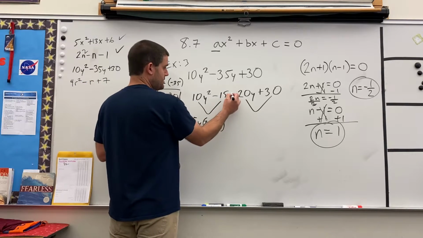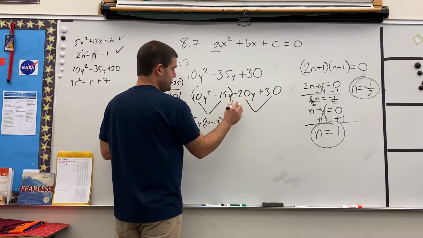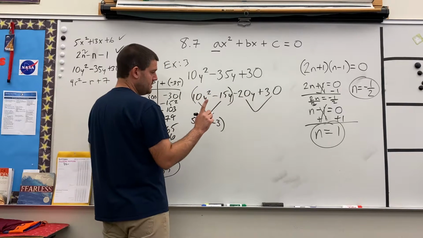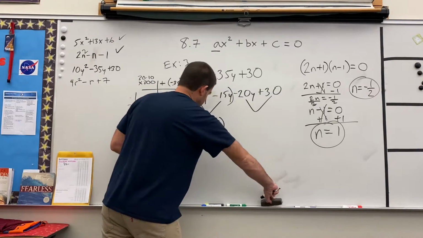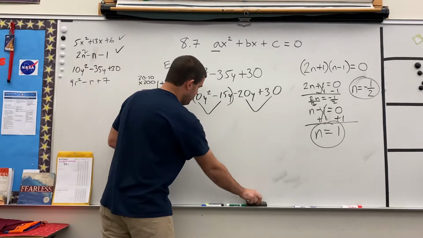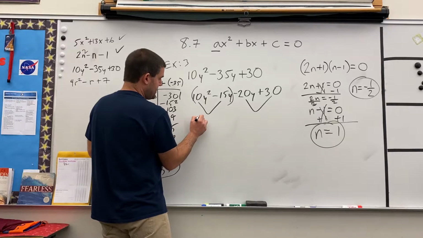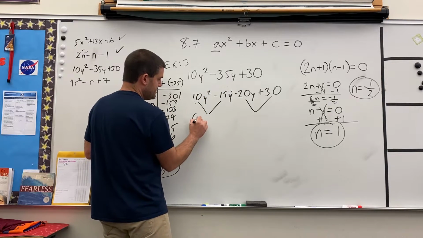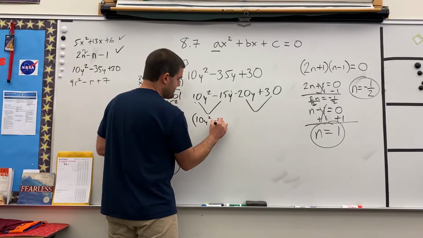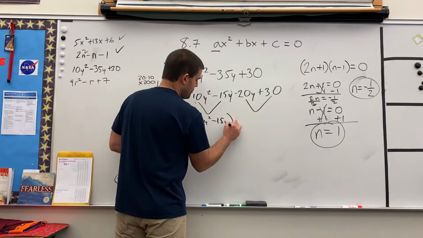Okay, and then let's put parentheses. Very important here. Before I jump the gun, let's say that we want to put parentheses around these things. So we have parentheses 10y squared minus 15y parentheses.